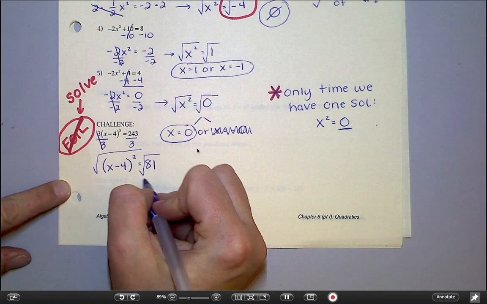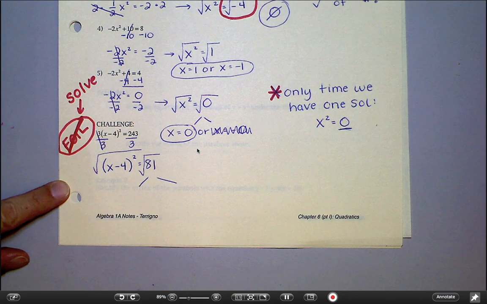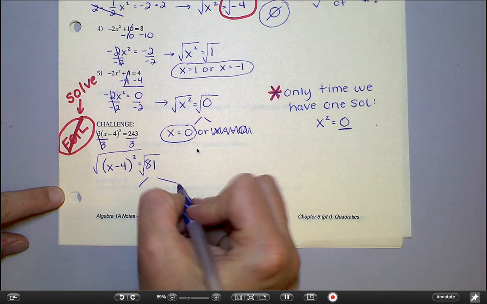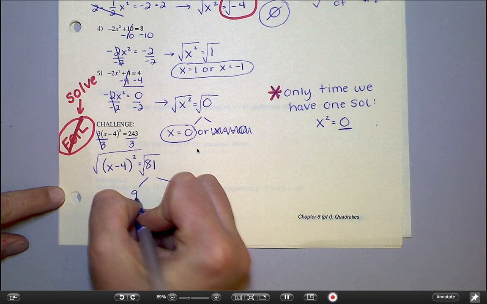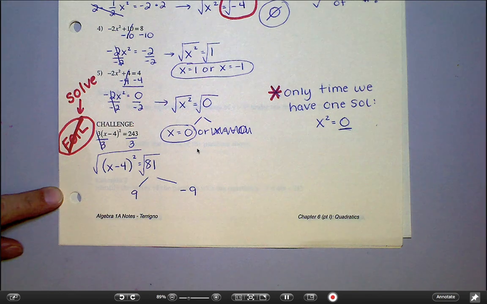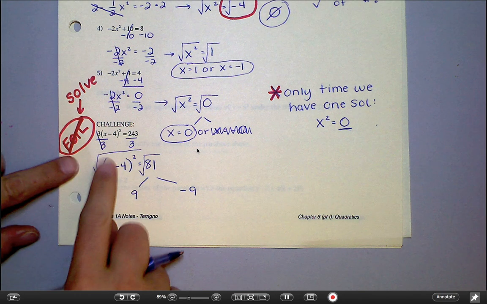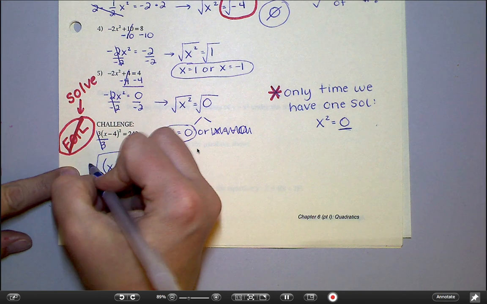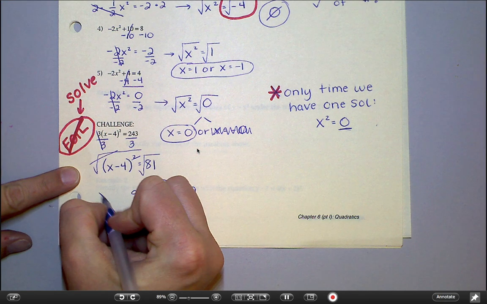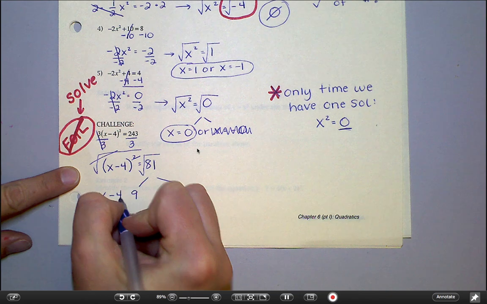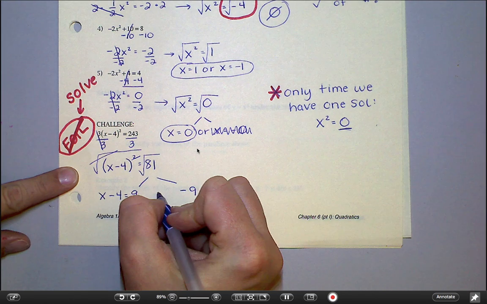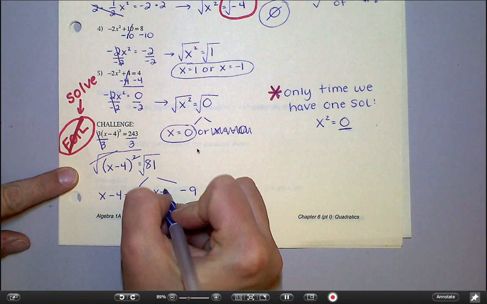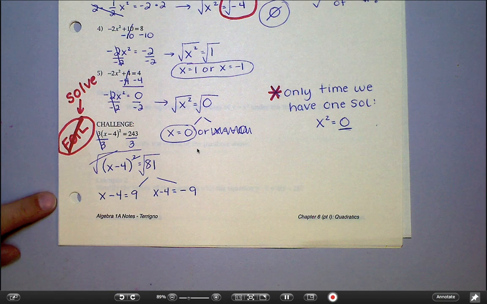And as soon as I take a square root, I know that I'm going to split into 9 and negative 9. The weird thing about this one is that on this side, I'm not left with just x this time. I'm left with x minus 4. So I have x minus 4 equals 9, and x minus 4 equals negative 9.